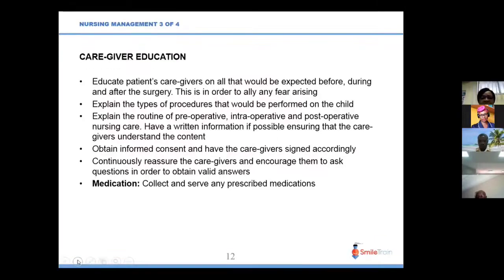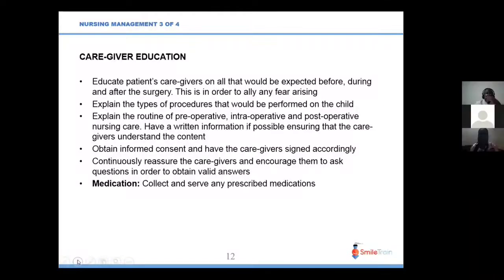There will be no problem. But when they don't have knowledge, before you know it, that surgery might be infected. So it's good you give them a good training. And where you have a written information, you give it to them. If the language is not, you bring it to the language of the patient in case they don't understand the English we speak. Then you obtain consent form.